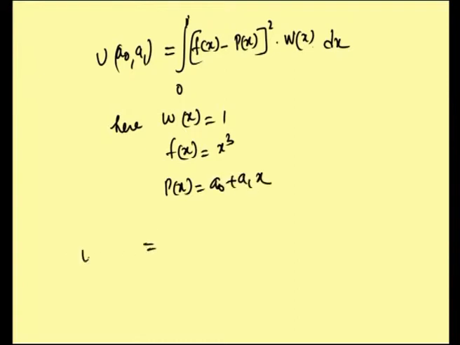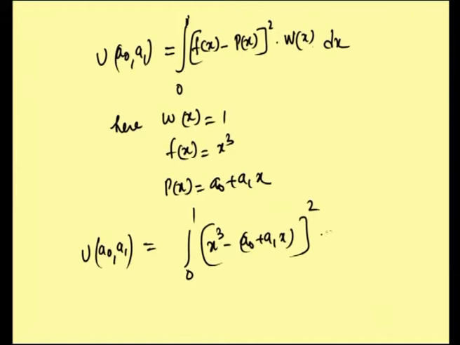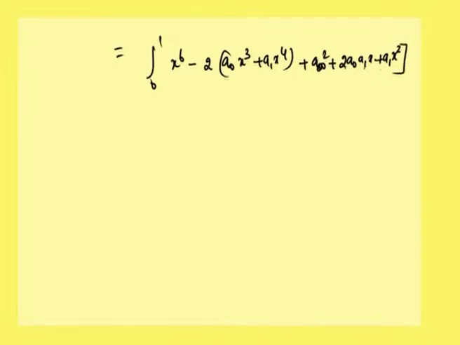Just substitute all these things, then U of a0, a1, that is the sum of the squares, becomes integral 0 to 1 of x cube minus a0 plus a1 x, the whole square, into 1 dx. Just expanding this, we get integral 0 to 1 of x power 6 minus 2 a0 x cube plus a1 x power 4 plus a0 square plus 2 a0 a1 x plus a1 x square dx.